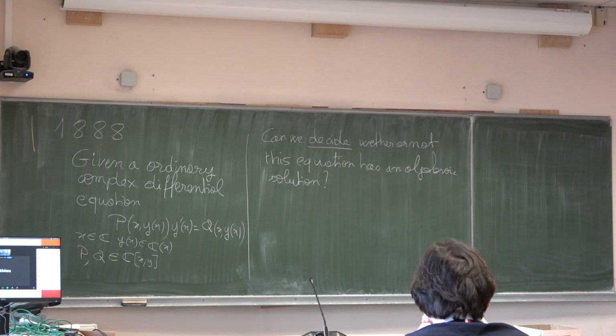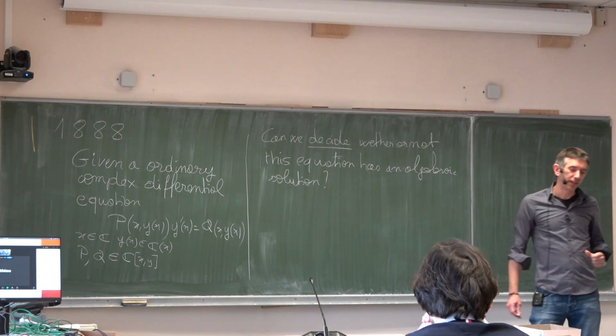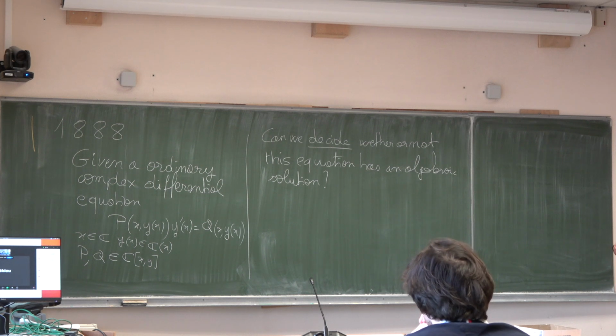A few months after, he realized that he made a mistake in his article, so that the solar system is actually unstable. But this mistake is very important from the historical point of view, because it was really the date of birth of the theory of dynamical systems.